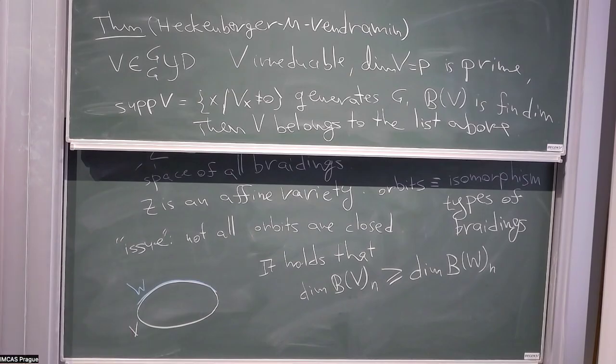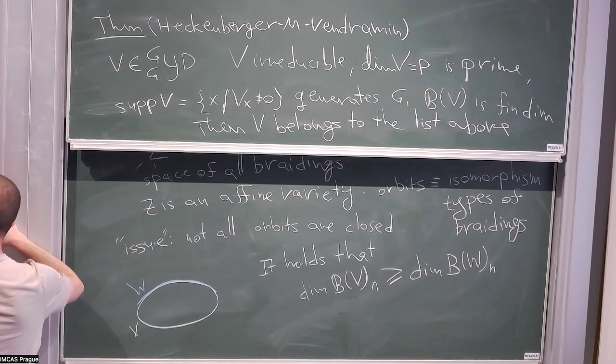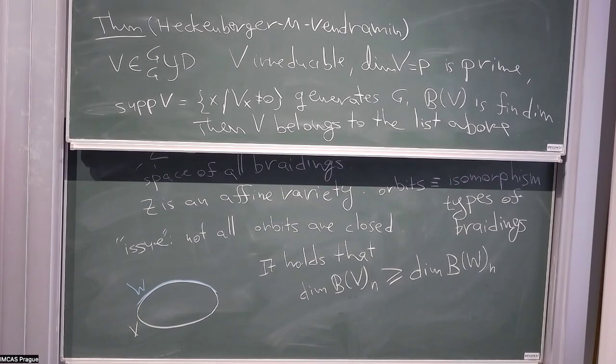So in general, the orbit of the braiding is closed, but you can reduce to characteristic p and then it is not closed.